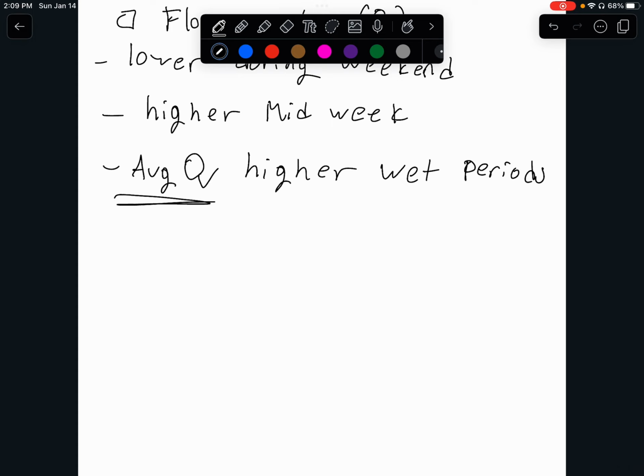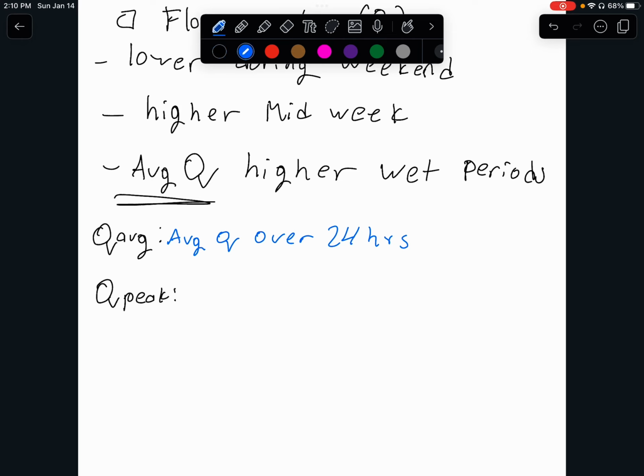So our flow rates, we have Q average. This is the average flow rate, which is defined by Q, over 24 hours, right? Our Q peak, so this is our peak hourly flow rate.